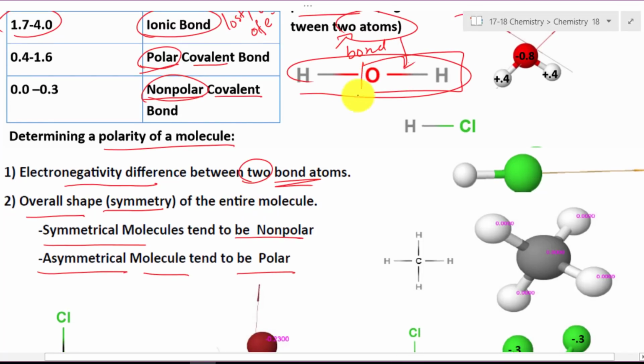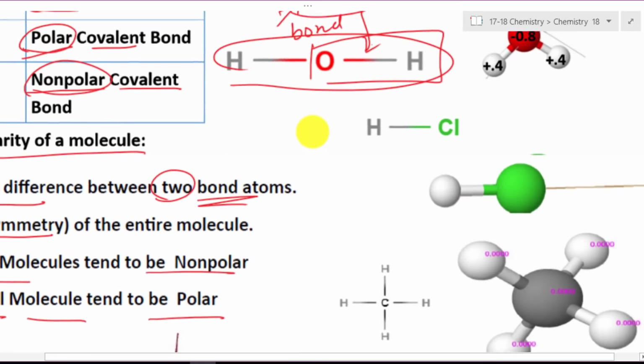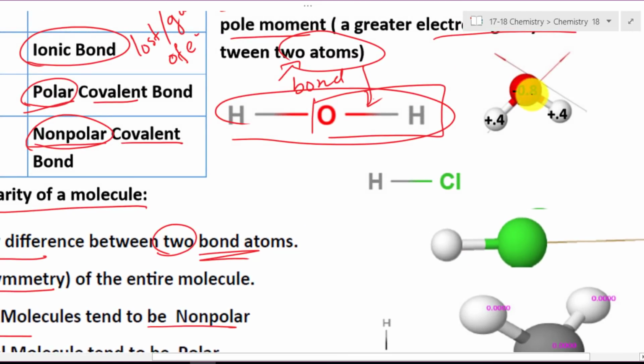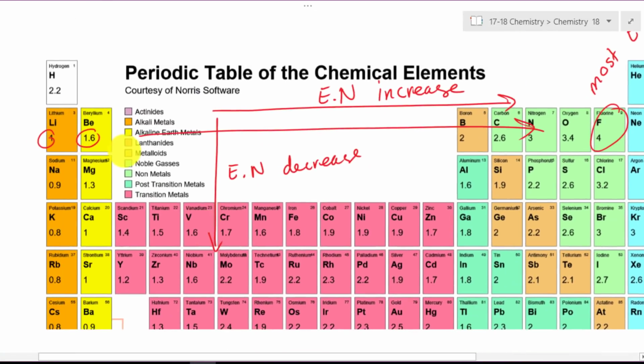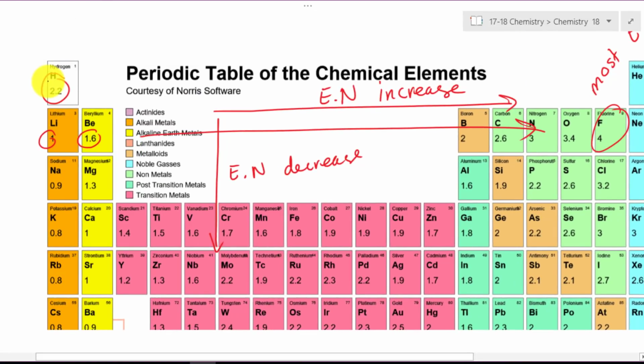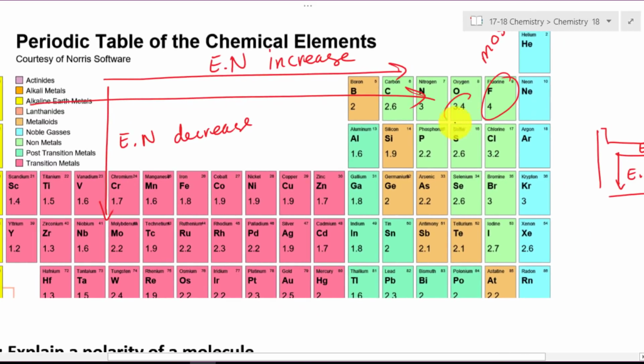Here I have the Lewis dot structure for water. Of course, I ignore the lone pairs right here. And when I generate the 3D version, look what happened. If you look carefully, we have a negative charge right here, and a positive charge, and a positive charge. Hydrogen is 2.2, and oxygen is 3.4.